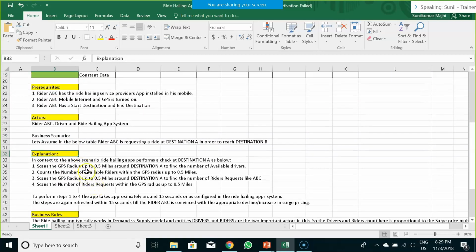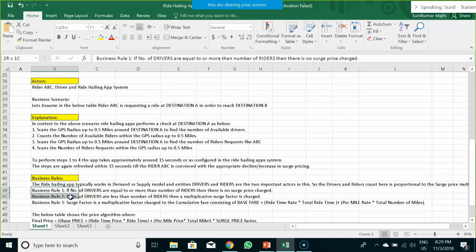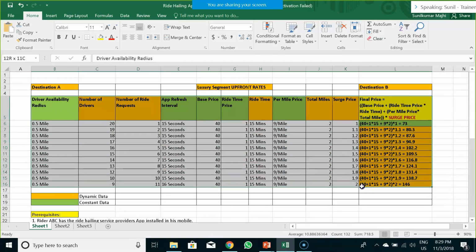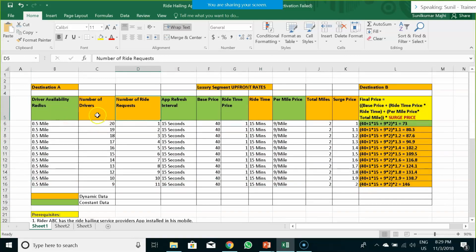Then you have to define the business processes, apply the business rules, and then go on designing your algorithm, wherein you have to understand the model behind that algorithm, whether it's a demand versus supply model or any XYZ model. Then you have to identify how much is constant data, how much is dynamic data, and what is that multiplicative factor. And after that, you get your final pricing calculation.